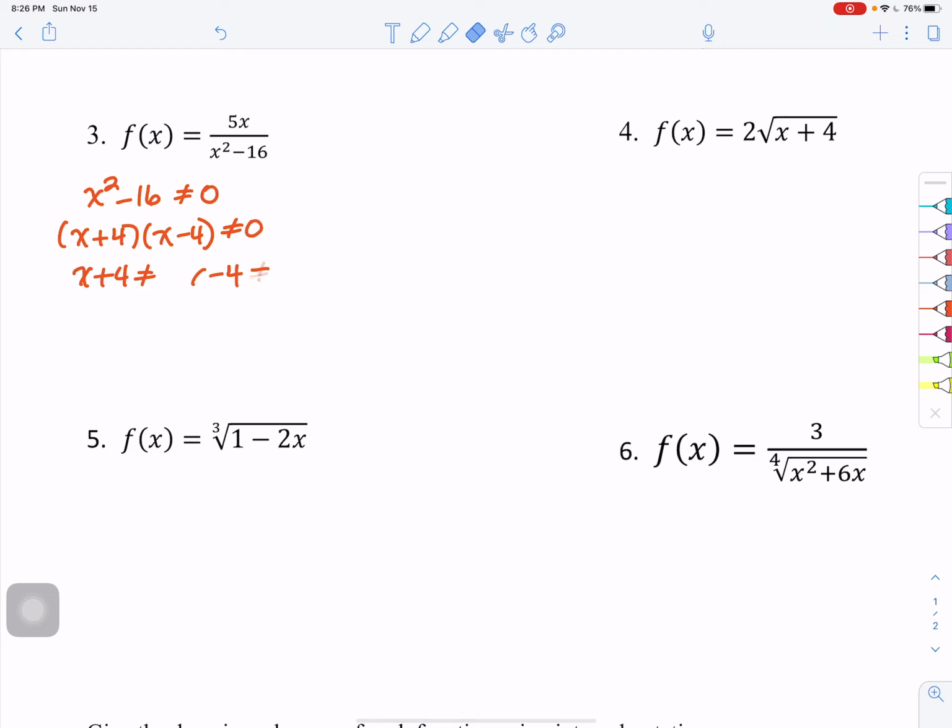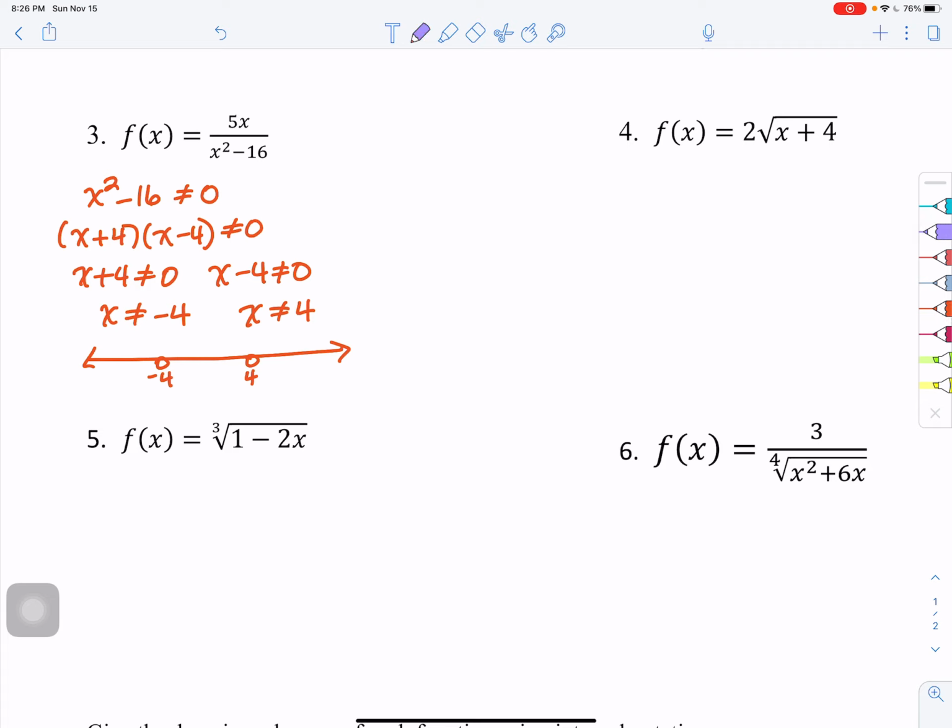So x cannot be equal to -4, and x cannot be equal to +4. Let's take a look at that graph. So we have a -4 and a +4. Now this time, let me get a different color pen.